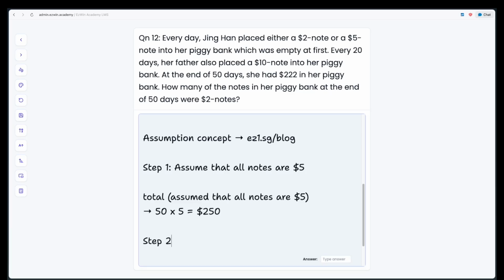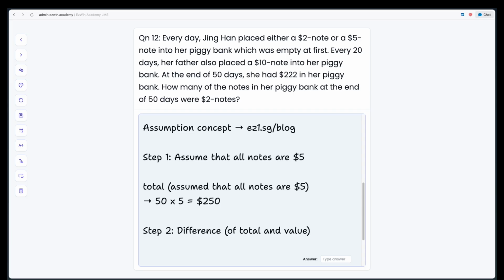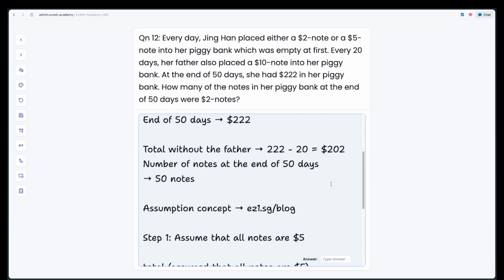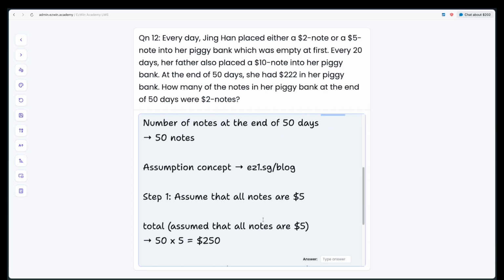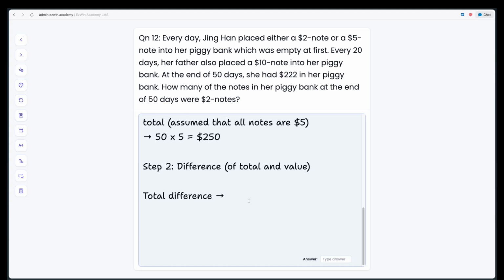Then step 2, we get the difference of the total. The actual total without the father is 202. So it's 250 minus 202, which gives us $48.